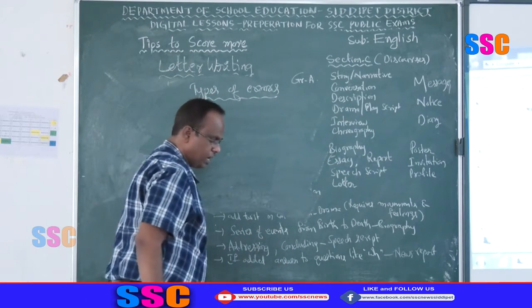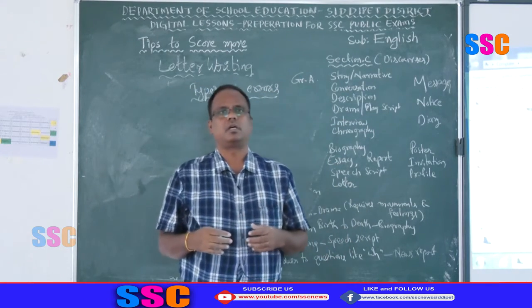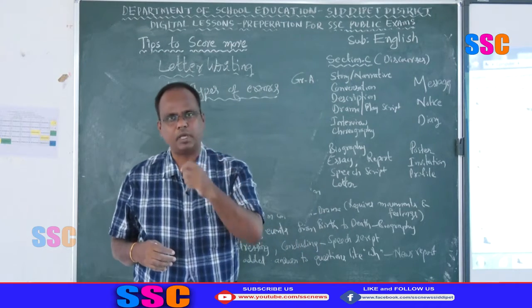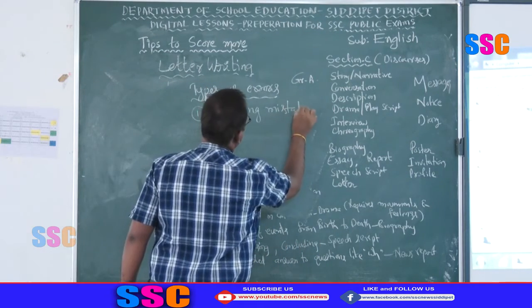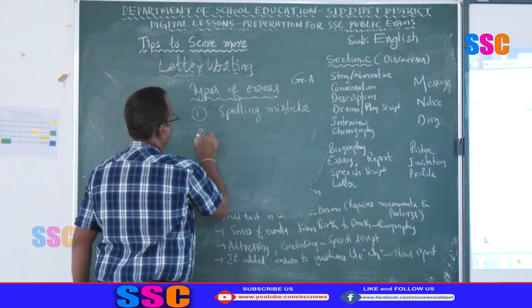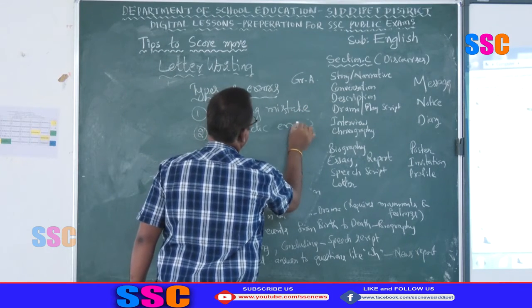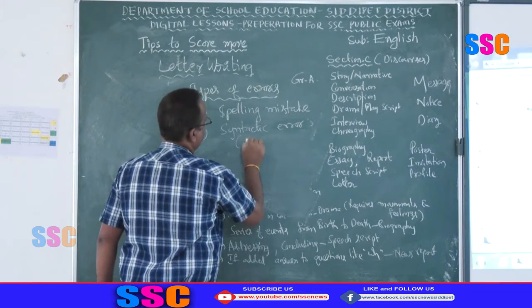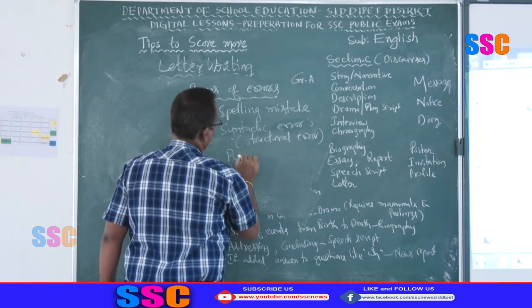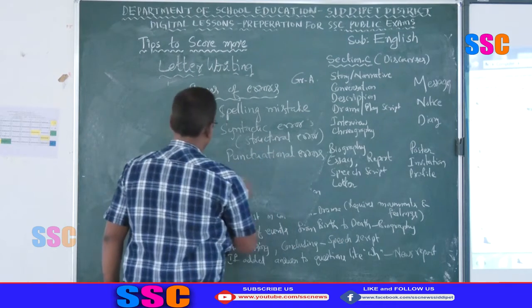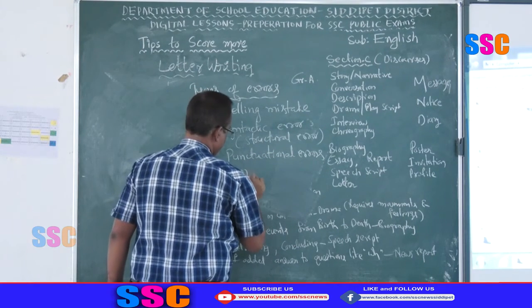See, the types of errors that a student mainly makes: number 1, spelling mistakes; number 2, syntactic errors, that I can say structural errors; number 3, punctuational errors; and number 4, semantics.